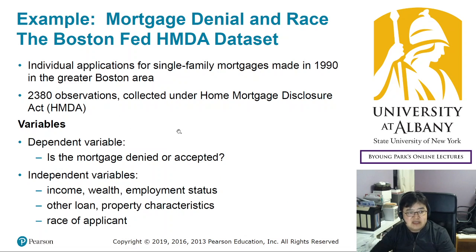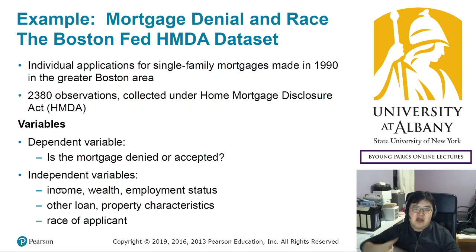A more concrete example is the Boston mortgage data. In a real data set, we observe 1990 mortgage applications in the Boston area. We have more than 2,300 mortgage applications, and we observe whether the application is denied or accepted, and we observe the applicant's income, employment status, income and wealth.